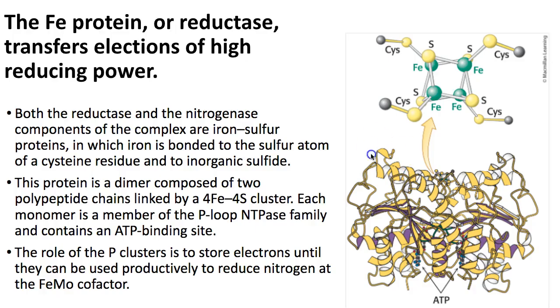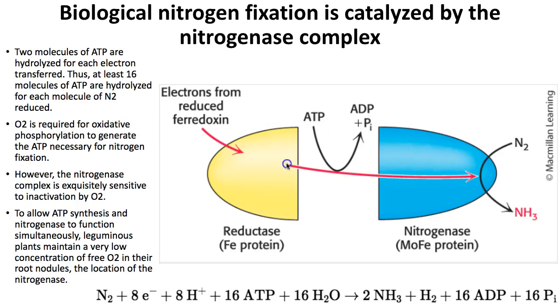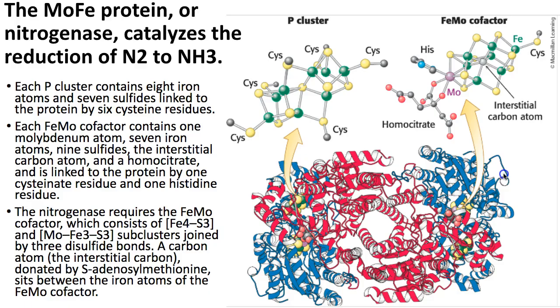The role, once again, of this reductase cluster of four iron and four sulfur is to store electrons. Remember, this is storing electrons to be transferred over to the nitrogenase, and this nitrogenase does that reduction. I want to keep repeating that just to make sure things are locking in. From there, you have this whole nitrogenase cluster.